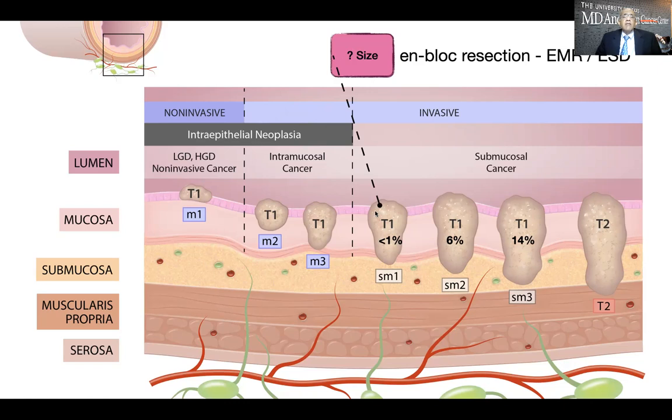Sometimes you may have a lesion that is large, but you are not able to offer endoscopic submucosal dissection. But if you have a dominant nodule and you're able to submit that nodule in a separate bottle and resect that en bloc, you could still get away with endoscopic mucosal resection of those cases.